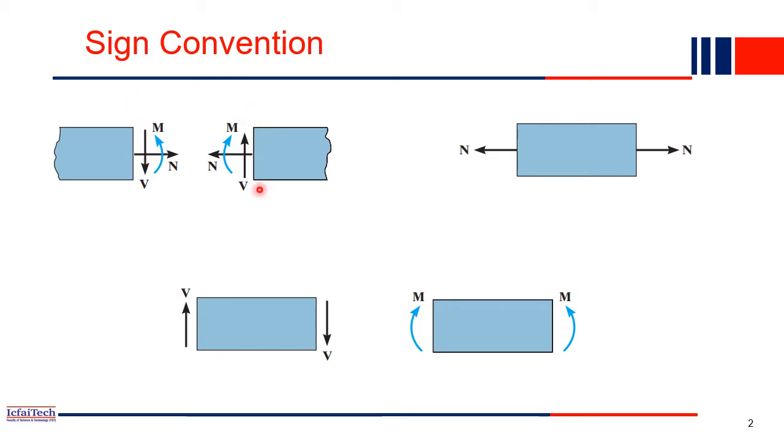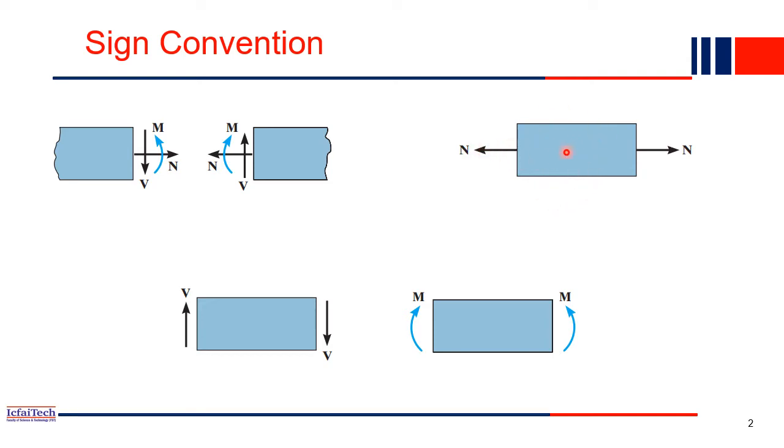Whereas on the right side of the section, upward shear force is positive, clockwise moment is positive, and similarly the outward direction of normal force we call positive. To remember these things, we can divide it into three parts. For example, if this is a body and you apply a pulling force, we'll call this a positive direction.